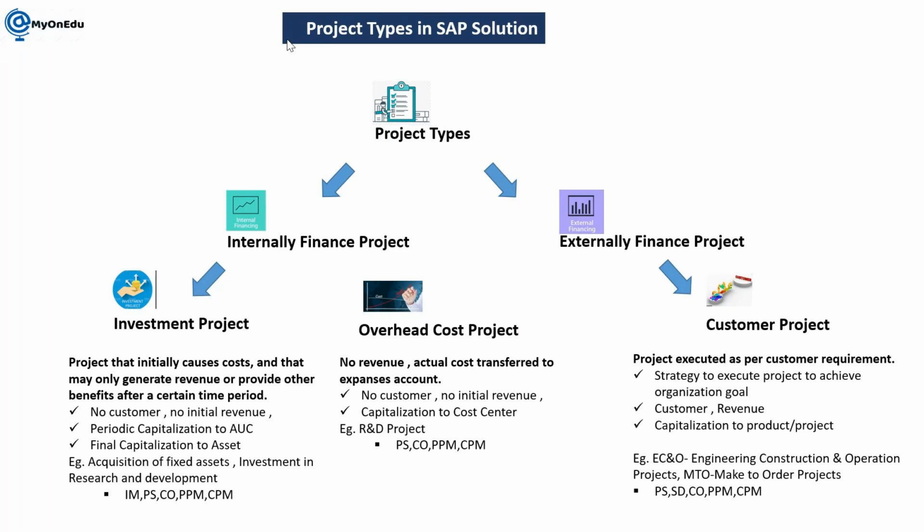The functionality is simply more suitable for investment and overhead projects. CPM, commercial project management, is more focused on customer project type solutions. It doesn't mean we cannot use it for investment or overhead, but the maximum functionality is more suitable to customer projects.